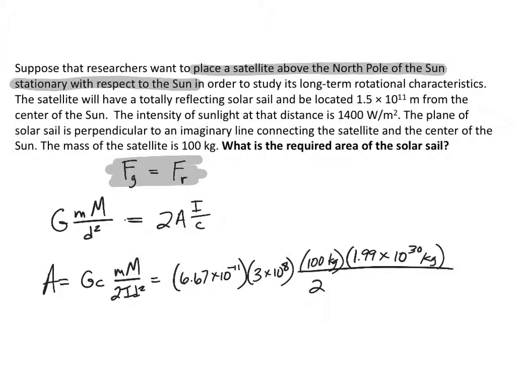And then we have double the intensity, which we were given as 1400 watts per square meter, and then that distance, 1.5 times 10 to the 11th meters. So that means the area of this puppy needs to be 6.32 times 10 to the 4th square meters, or 63,000 square meters.